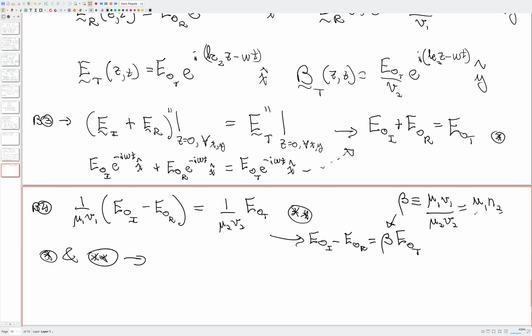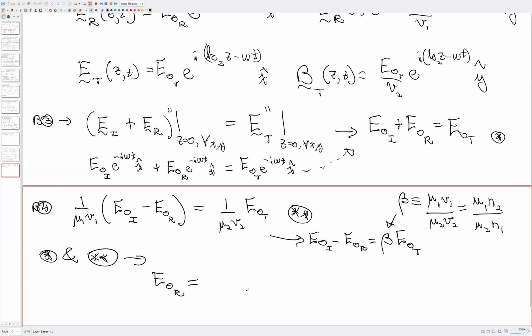The refraction indices are just 1 over these ratios of velocities. That's just a number that takes a certain value here.